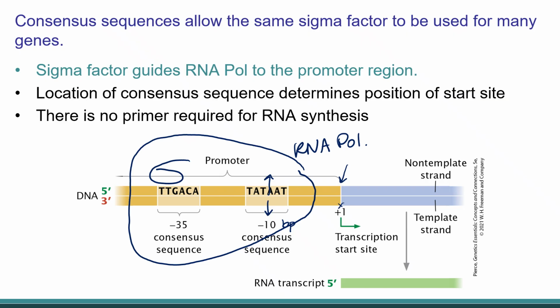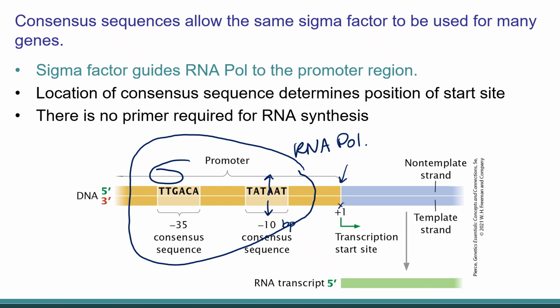And then once we have the very first base, then RNA polymerase can continue adding on to produce that messenger RNA. Same thing with the DNA primase from DNA replication. Once we have that first base pair, then we get a short strand of RNA long enough for the DNA to bind and then start adding on DNA.